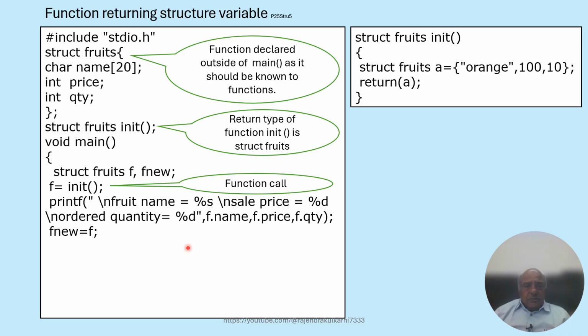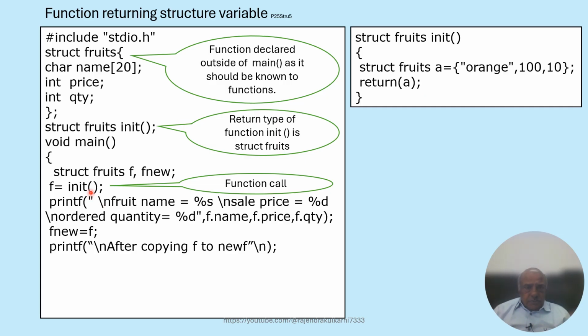Then we again give a statement f new = f. What does this statement do? Here we have f = init function call. This function call returns a variable named a.